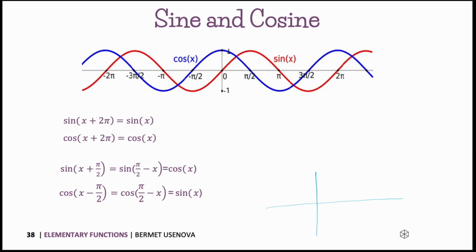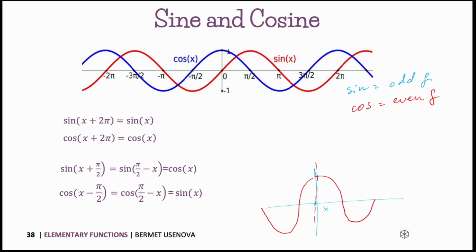If we look closely at the graph, again I will show sine will be here, and then we can continue it like that. Sine is symmetric about the origin and thus is an odd function. And cosine, on the other hand, is symmetric about the y-axis, and hence it's an even function.